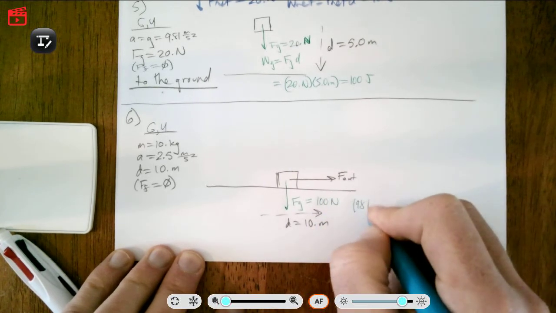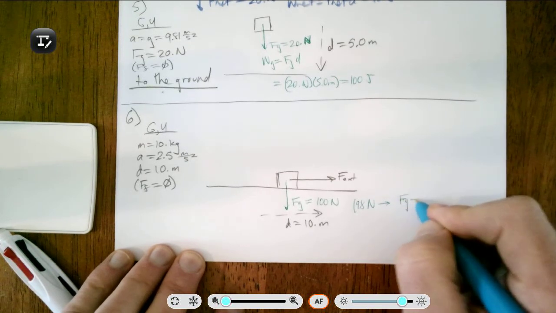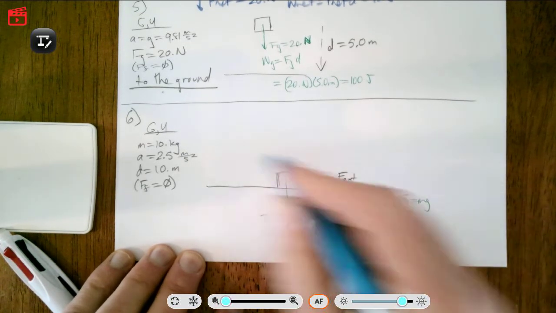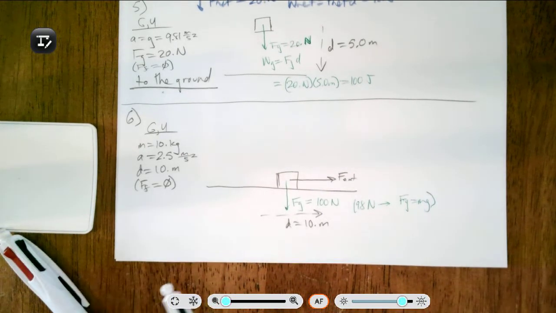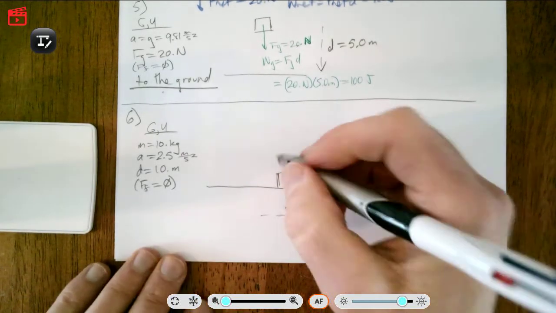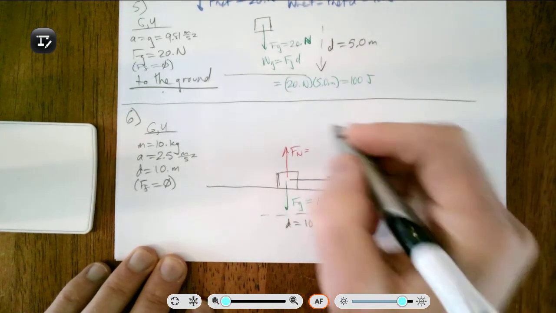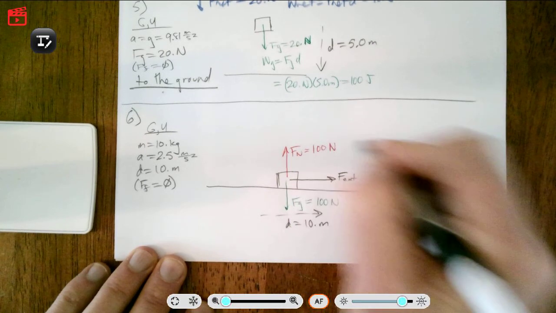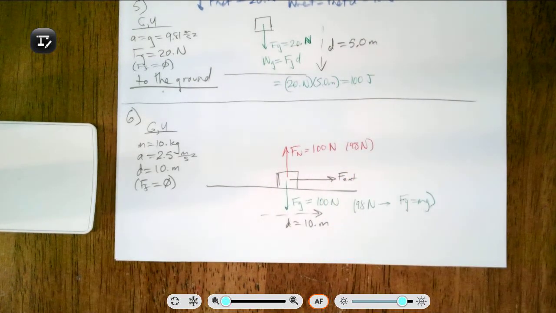Really it comes out to 98 newtons, and in case you don't remember how, Fg is mg, so it's the mass, that 10 kilograms in the beginning, times 9.81. Alright, there's a normal force here. And normal is going to match the Fg. 100 newtons, or 98 if you're going to be more careful with these sig figs. Finally, there's no friction, so no backward pull. In fact, that's the whole picture.